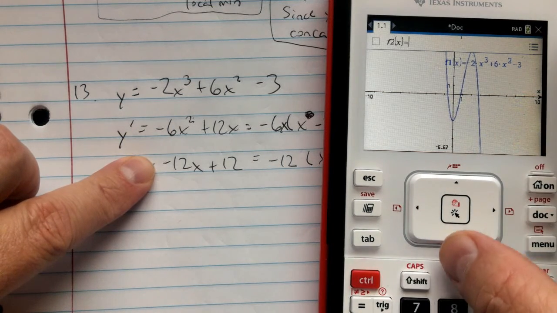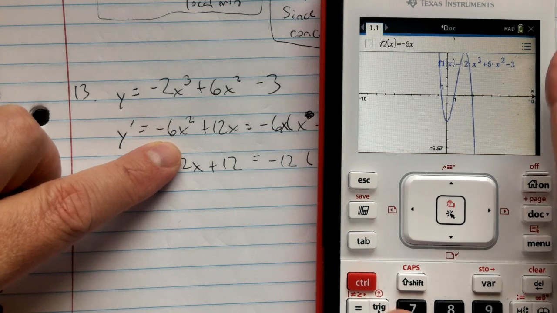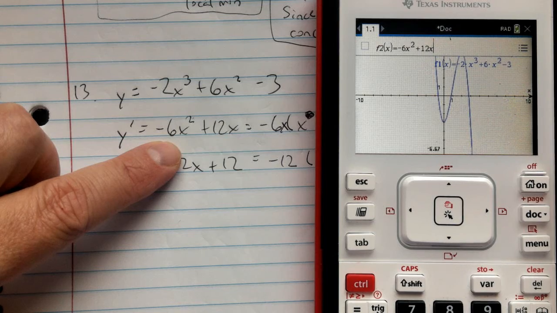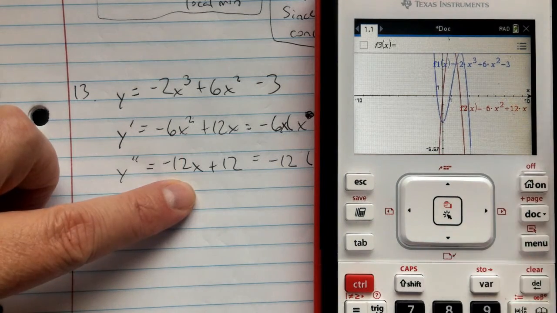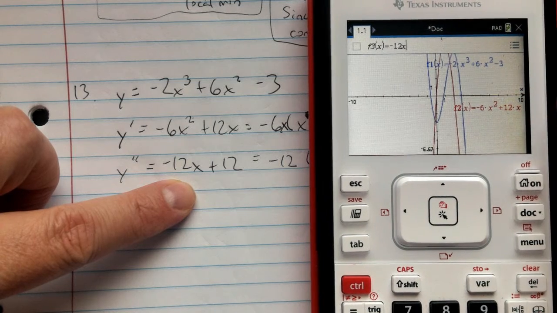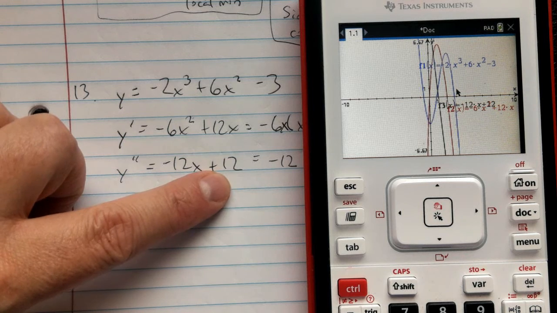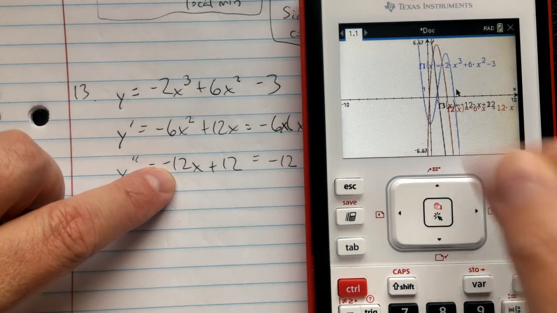And then the second one, negative 6x squared plus 12x. So that's that one. And then negative 12x plus 12 is just linear with a y-intercept of 12. Remember, that's down 12, right 1, so negative slope.